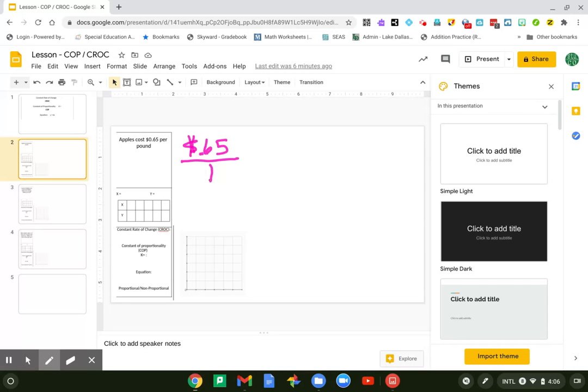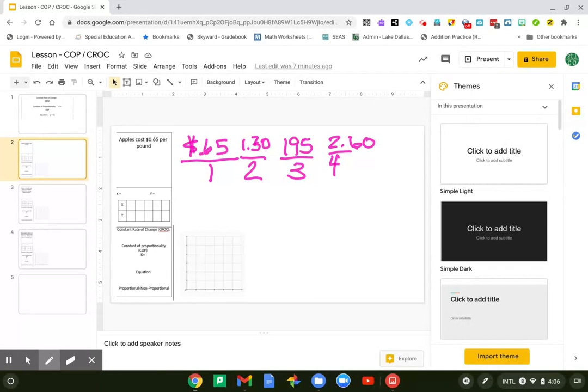If I bought two of them, I would spend $1.30. If I bought three of them, I would spend $1.95. If I bought 4 of them, I would spend $2.60. So I'm going to stop right there.